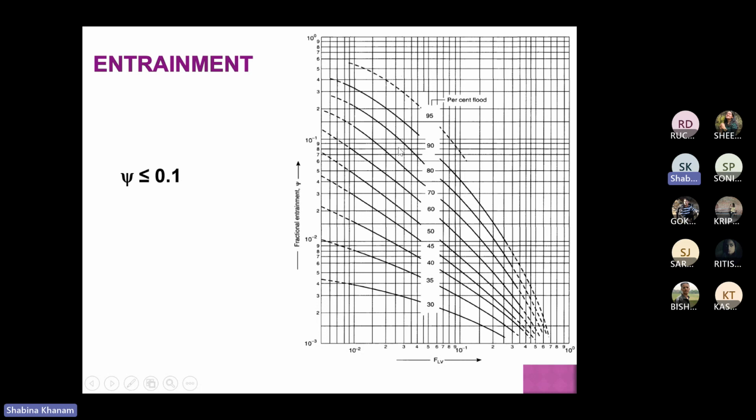You remember from flooding that the actual vapor velocity should be 70 to 90% of the flooding velocity. 80 to 85% we consider as the optimum value, but you can decrease the flooding up to 70%. In this way you can check the entrainment.